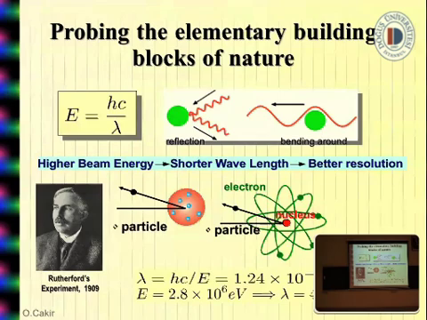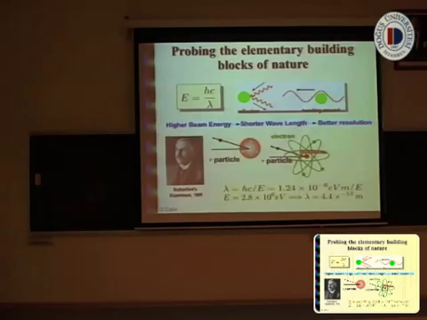Energy and wavelength are inversely proportional according to this formula. If we have higher beam energy at accelerators, then we will have a shorter wavelength, and we will get better resolution for what we are searching for.